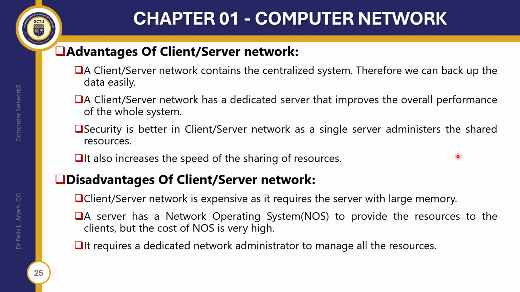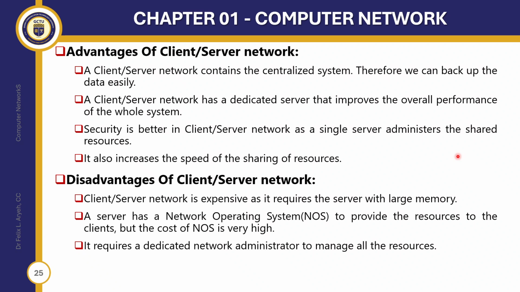In this case, we have a single server which does the sharing of the resources. So if one client does not have the privilege to access a particular file, the server does not give access to that client.